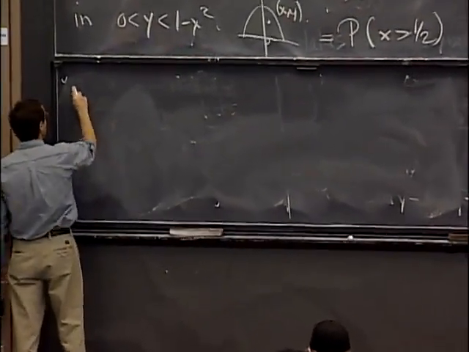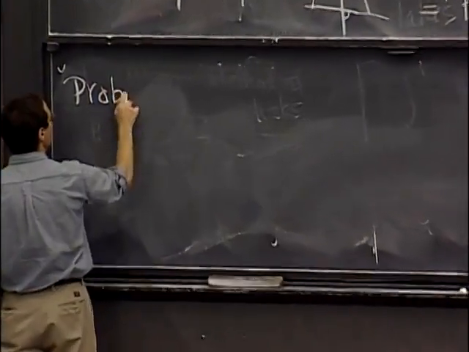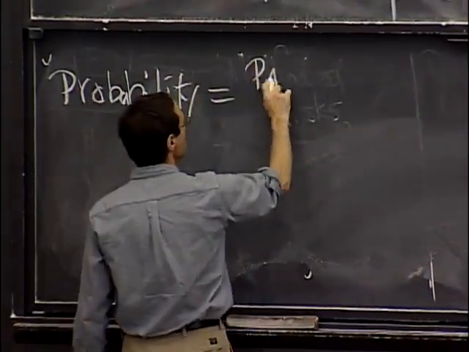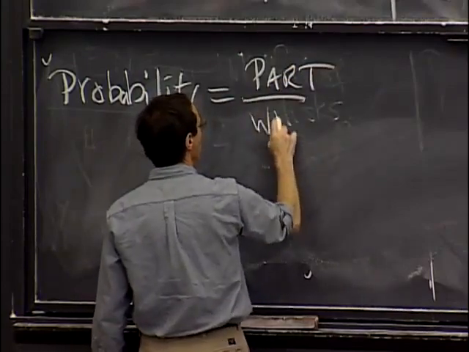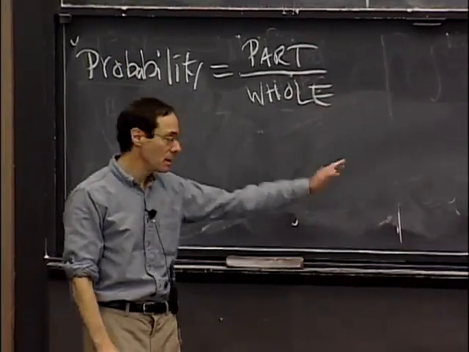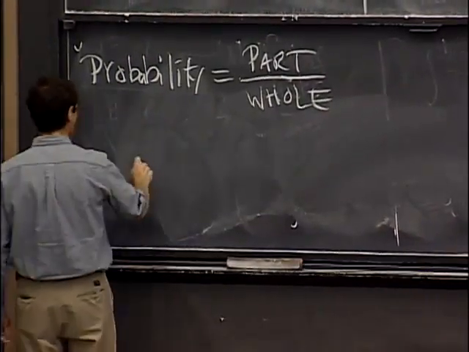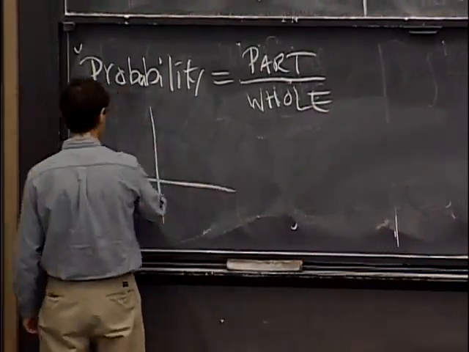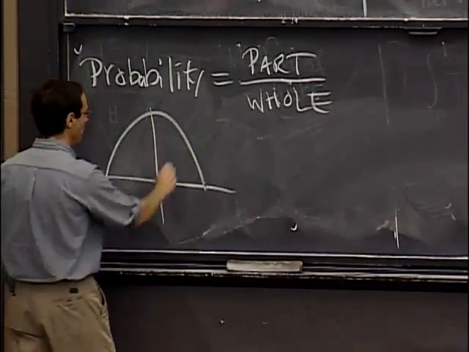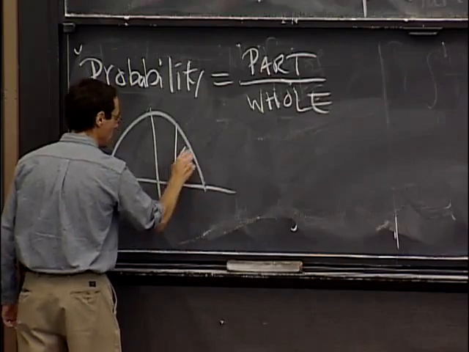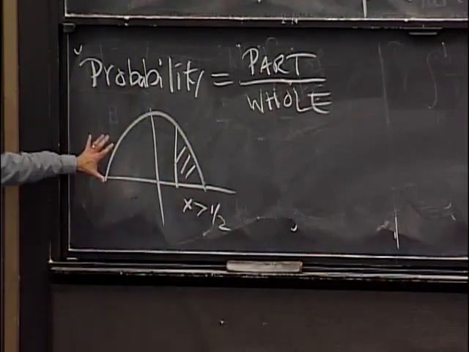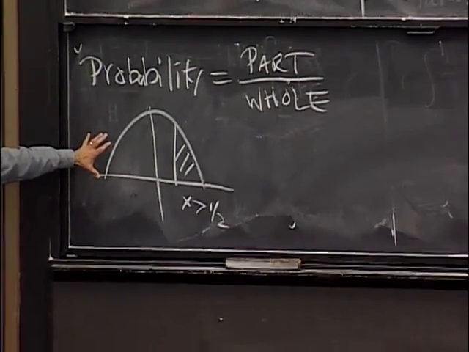And the probability is always equal to the part divided by the whole. It's a ratio, just like the one over there. And which is the part and which is the whole? Well, in this picture, the whole is the whole parabola, and the part is the section, x bigger than 1/2. And it's just the ratio of those two areas.